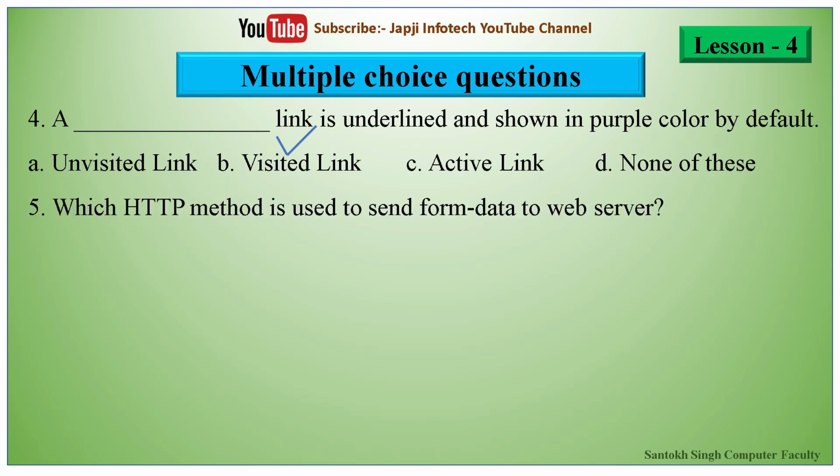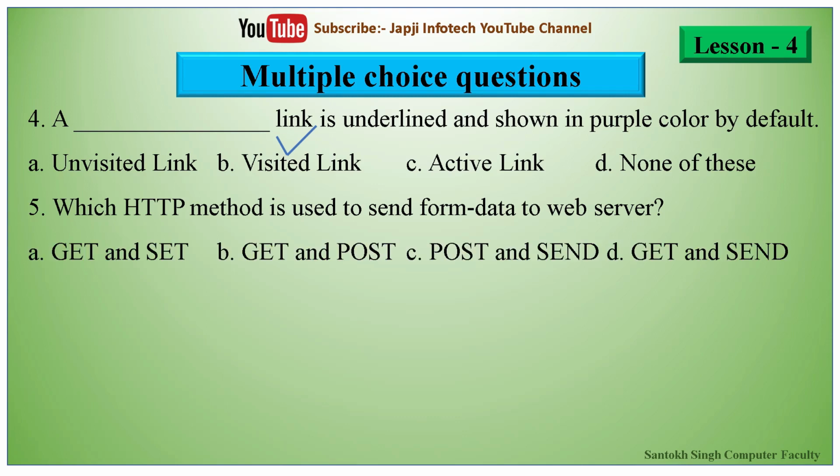And the fifth one is, which HTTP method is used to send form data to web server, and their options are get and set, get and post, post and send, get and send. And the right answer is get and post HTTP method is used to send form data to web server.